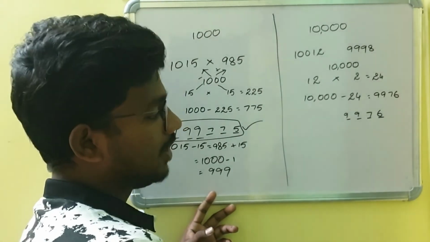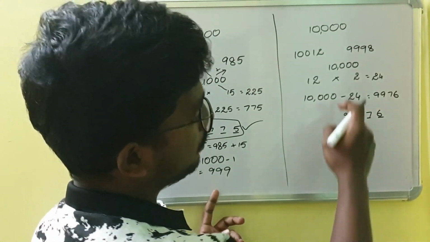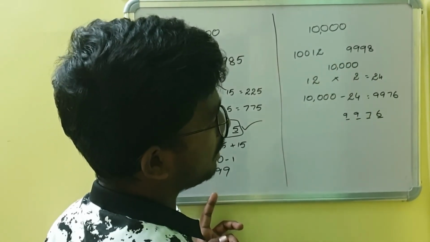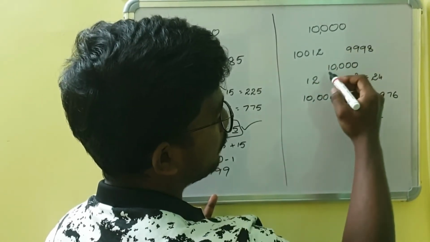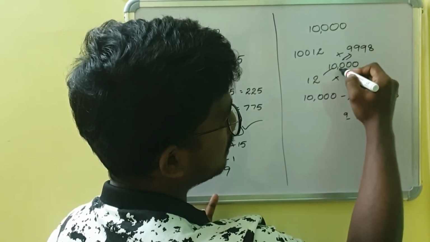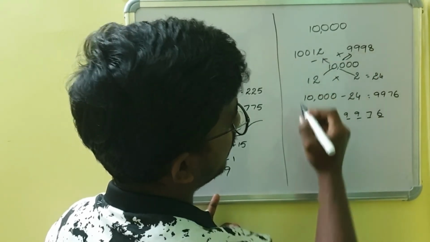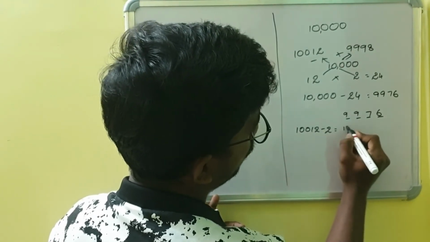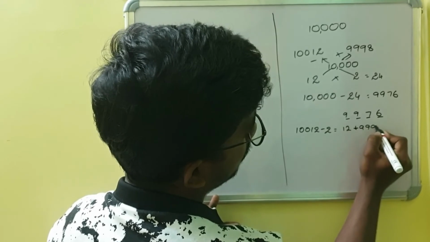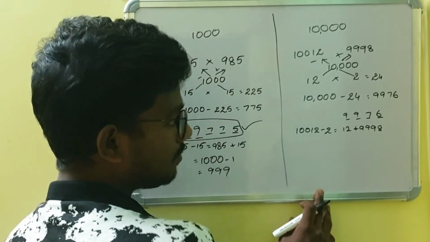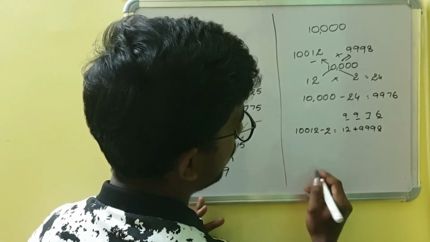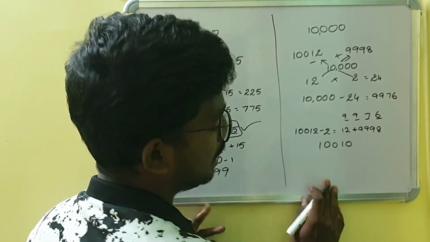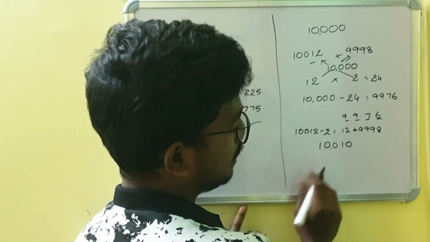After obtaining the last digits, we have to take out the difference if the number is greater than 10,000, and we have to add the difference if the number is lesser than 10,000. So here I am taking 2 from 10012 and adding 12 to 9998, which is nothing but 10,010.